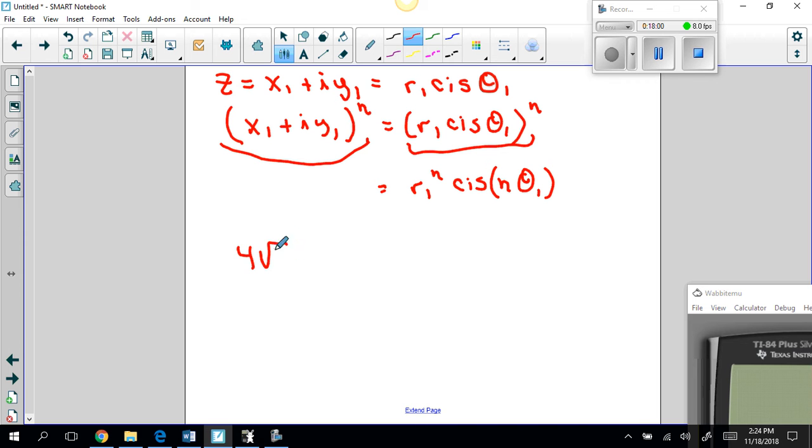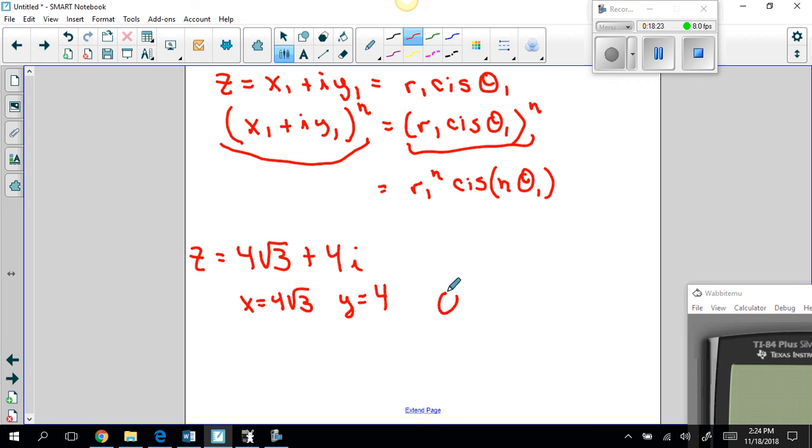Okay, so how about this? 4 radical 3 plus 4i. Let's let be z. Now, we know x is 4 radical 3 and y is 4.